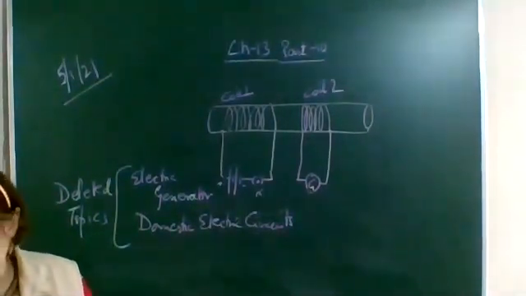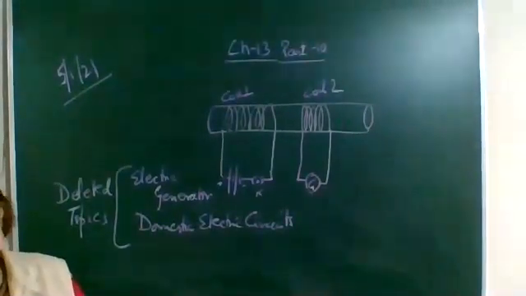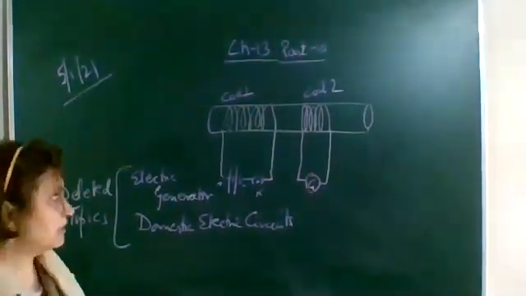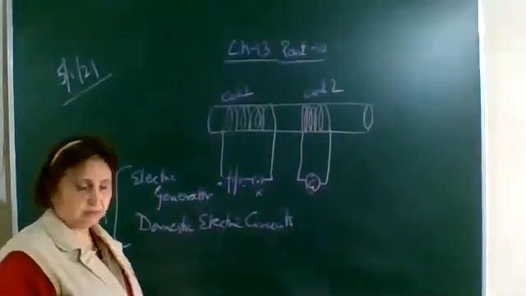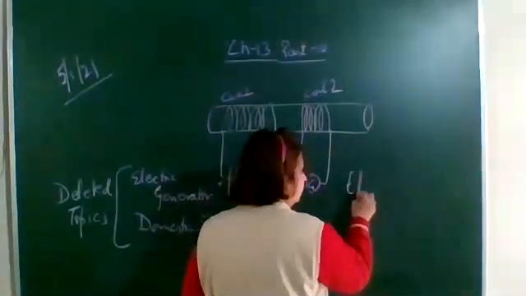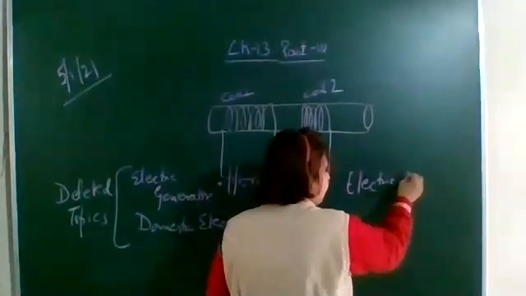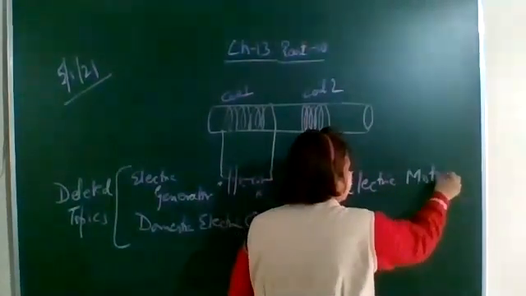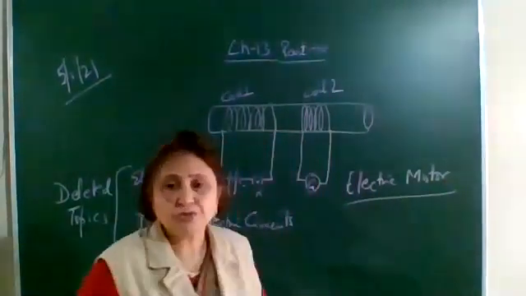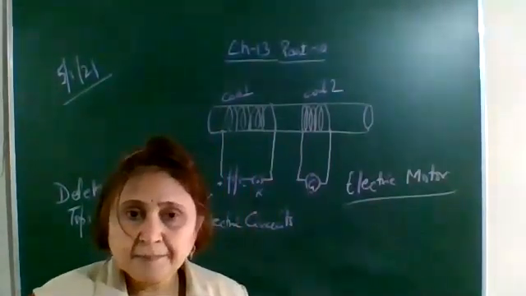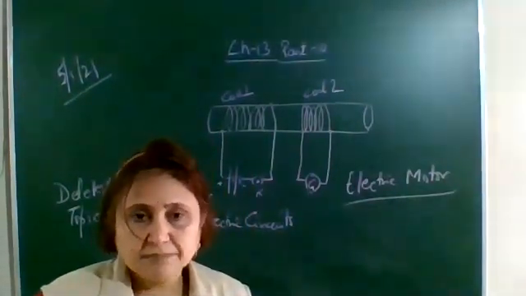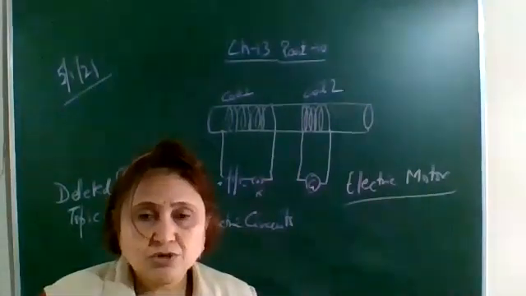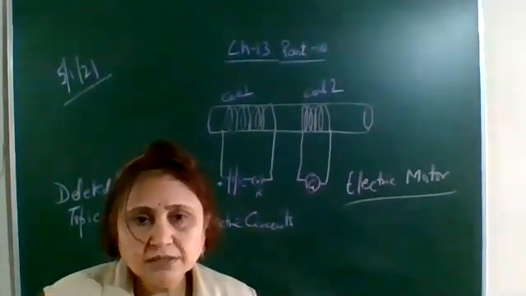Now the last topic left, the device which we left in between, is the electric motor. On the next one, we'll discuss the electric motor, and this device also you don't have to study in detail, only its components, construction and working, in brief.